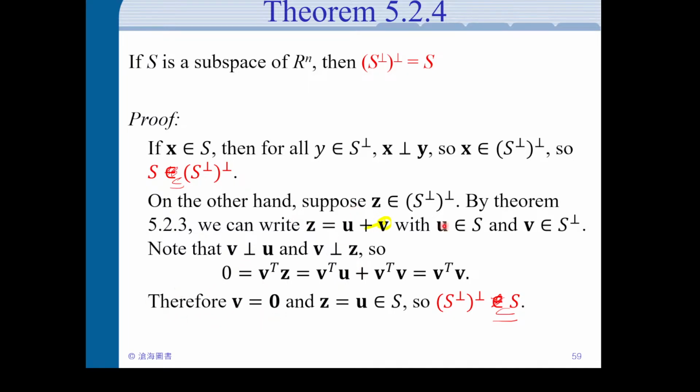And so everything inside this double perpendicular is just equal to this U, which is inside S. So the double perpendicular is inside S, and from those two things we have our result here.